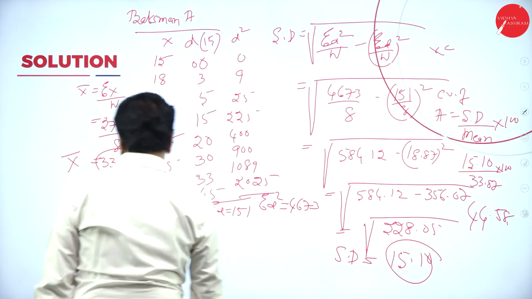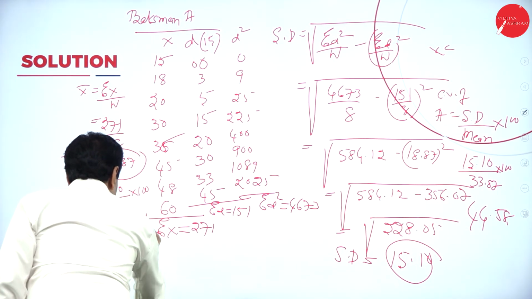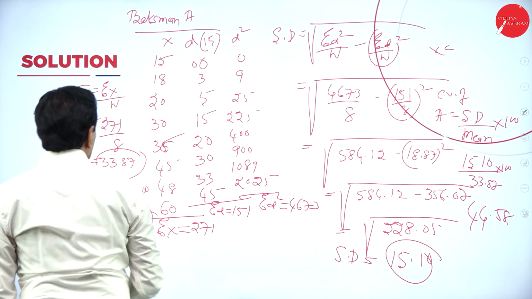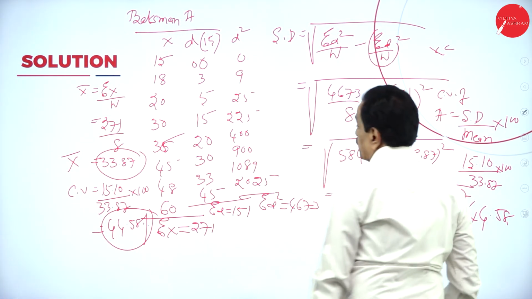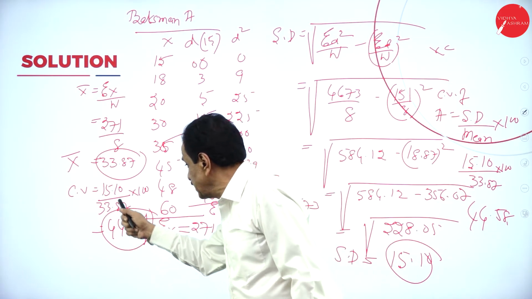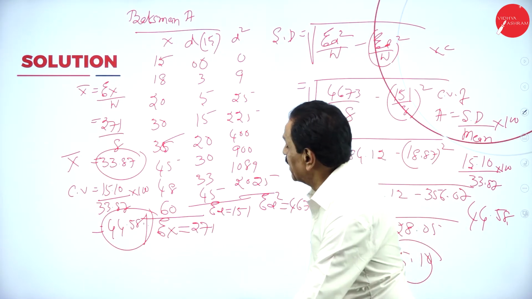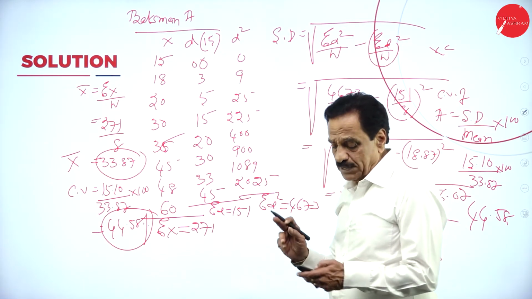It works out to 44.58 percent. This goes in favor of batsman A. So you calculate the mean as 33.87, standard deviation 15.10, into 100. This goes in favor of batsman A.